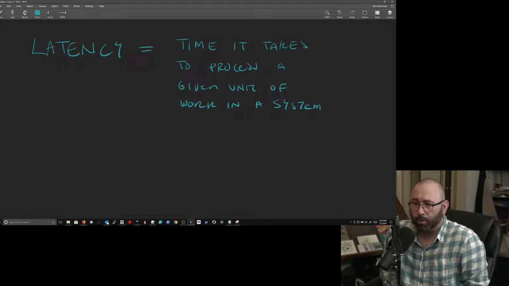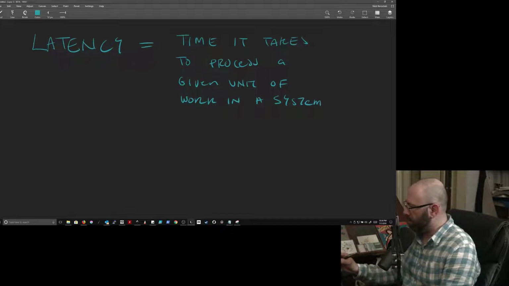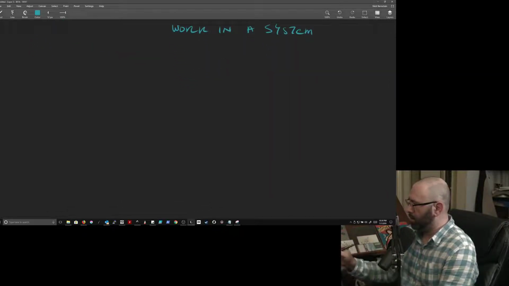Additionally, it's super critical to define the unit of work. So let's take the basic example of network latency and using a ping to test it. So let's say the environment you're looking at looks something like this. You've got your machine, you're then connected to a switch.